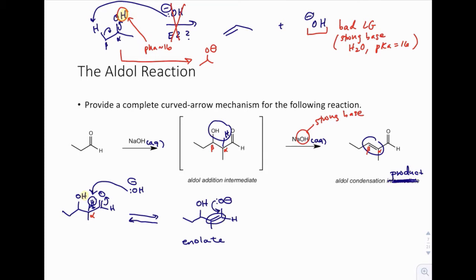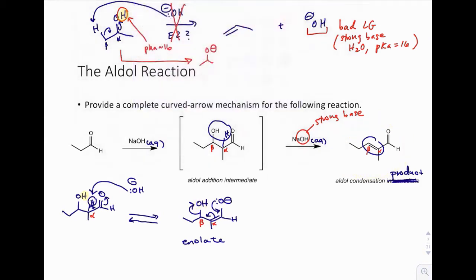These electrons are going to scoot over between the alpha and the beta carbons, and we will expel hydroxide. Well, look at what we've done here. One more time. We've reformed the strong CO double bond. The electrons that were between the carbonyl carbon and the alpha carbon have moved over and formed the alpha beta double bond. And then we've expelled hydroxide, and that's great because hydroxide is not in the product.